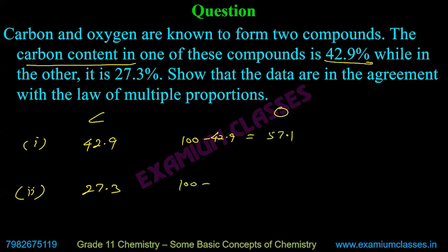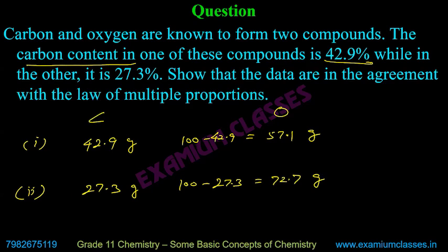Here, 100 minus 27.3, that is 72.7. So percentage wise, if I have 42.9 gram of carbon, oxygen will be 57.1 gram out of 100. Out of 100 gram, if I have 27.3 grams of carbon, 72.7 grams will be oxygen.